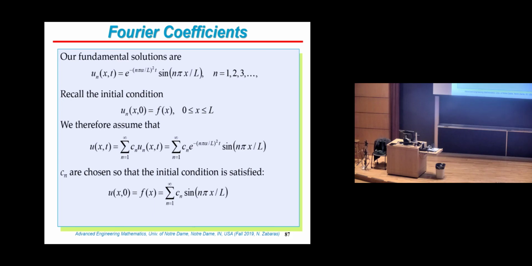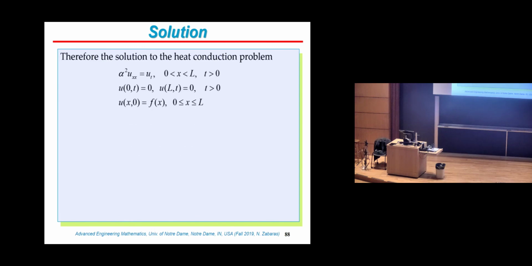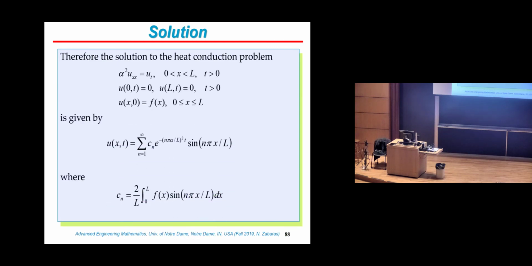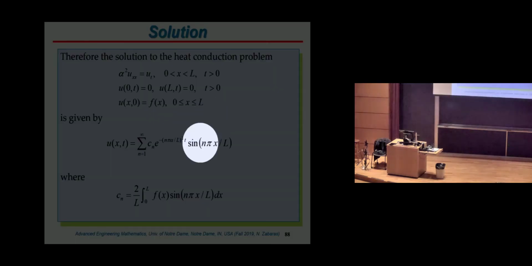So what is C_n? There is C_n. At time t equal to 0, this becomes f of x, so the coefficient C_n will be given by this nice expansion.